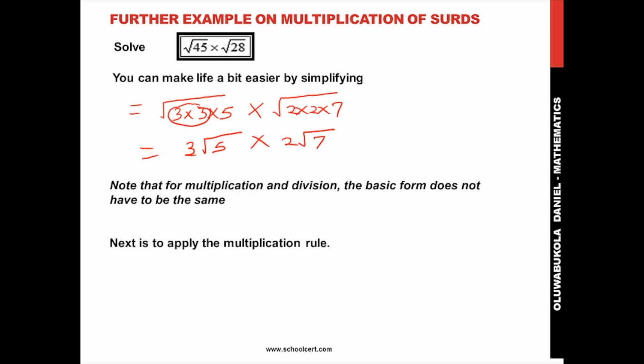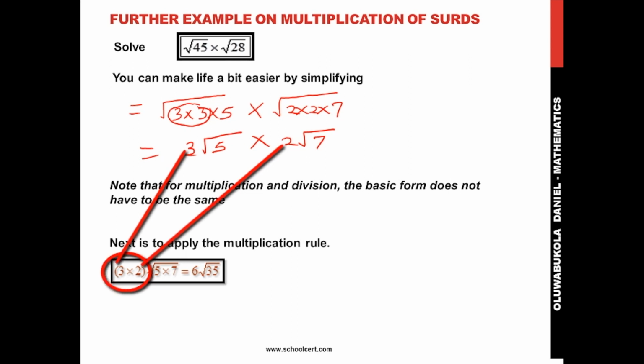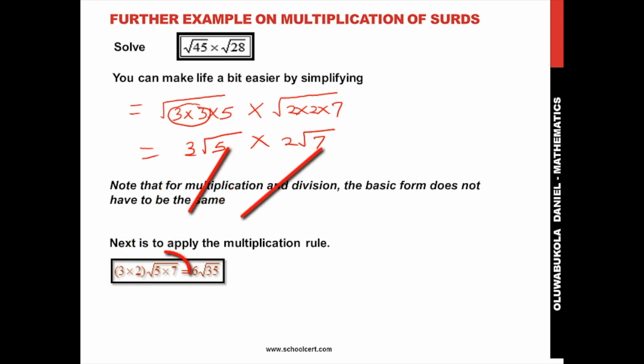So we apply the multiplication rule and multiply out. We multiply those outside the square root, which is 3 times 2, and then we multiply the ones inside the square root together. So this gives us 6 root 35.